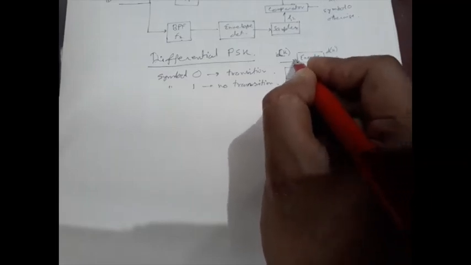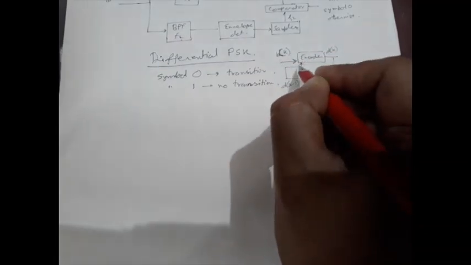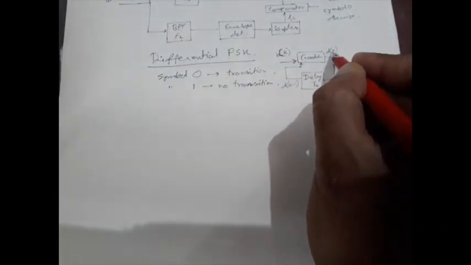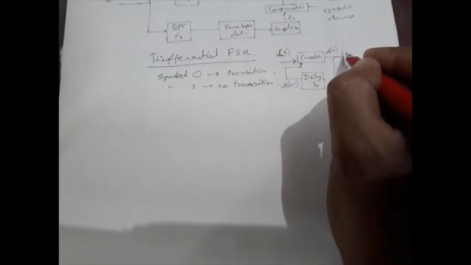So the encoder has two inputs, one is the current bit, another is the previous bit, and the output D is given to the product modulator.